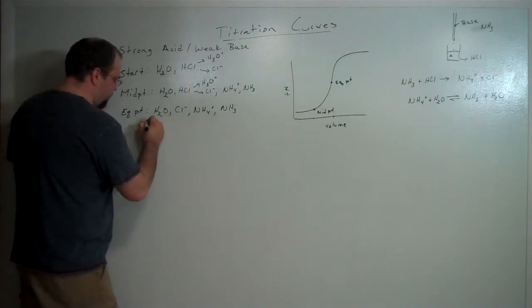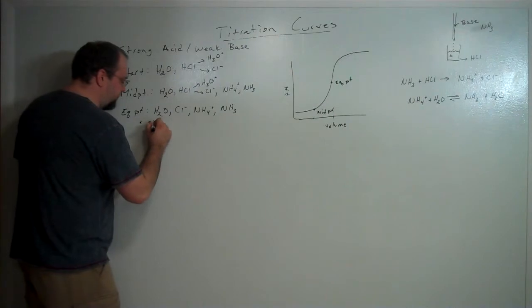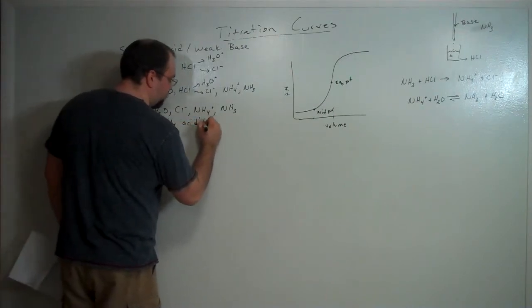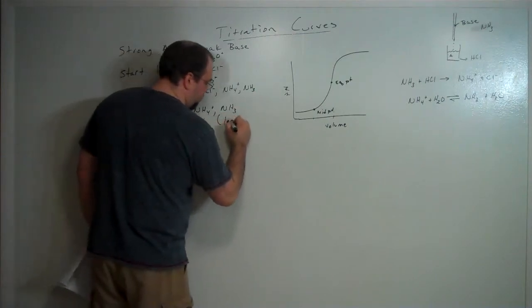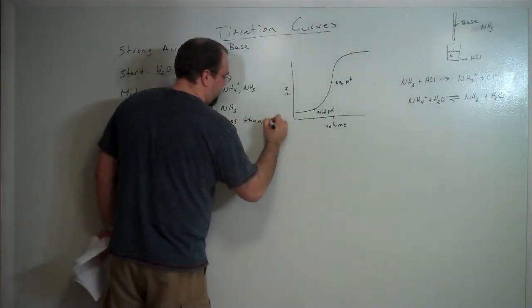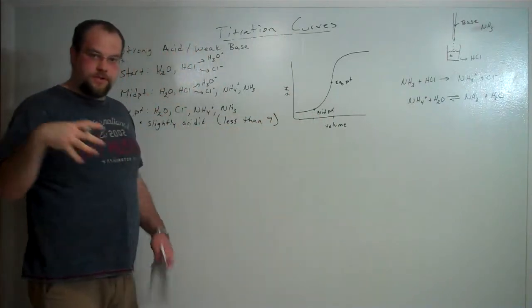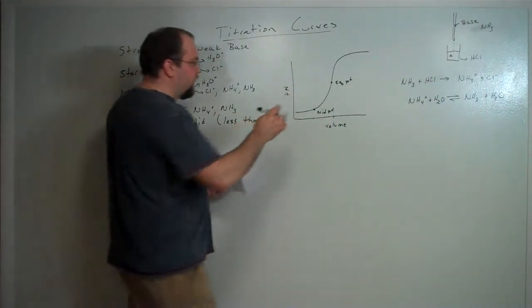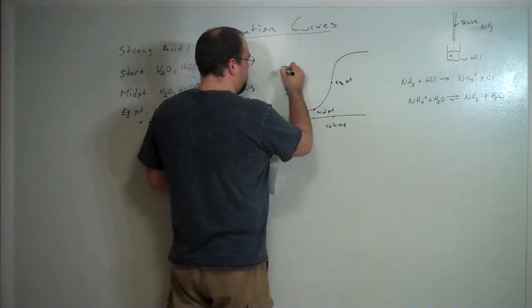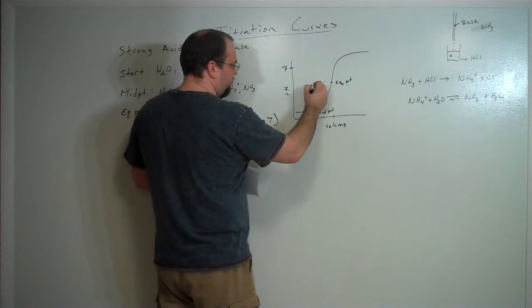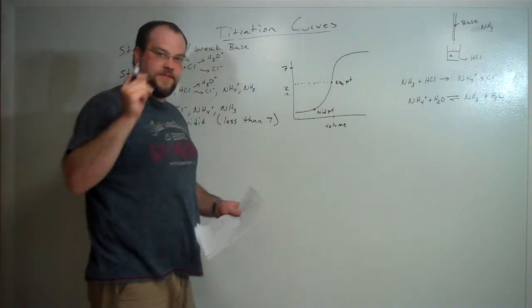Therefore, the equivalence point will be slightly acidic, or less than 7. In the other pH curve I didn't draw it because it was assumed that it was neutral. In this pH curve, 7 is probably right around here. Notice my equivalence point falls short of 7.